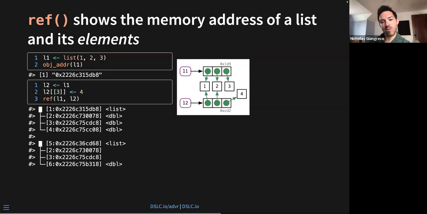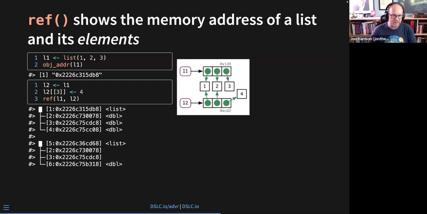Hopefully this diagram on the right visualizes that. It's pointing to some of the same elements, but also not. So this is kind of nifty as well. Yeah, I forget this, that a list is really a list of pointers.